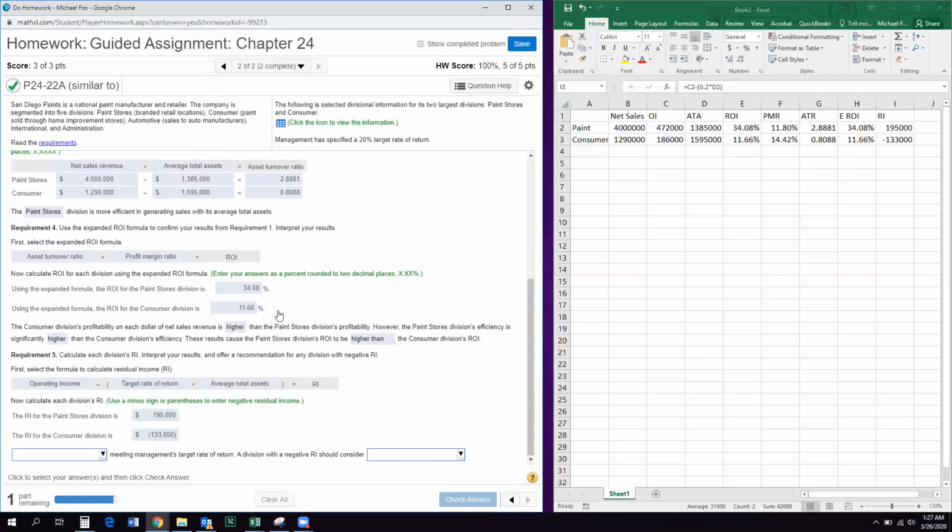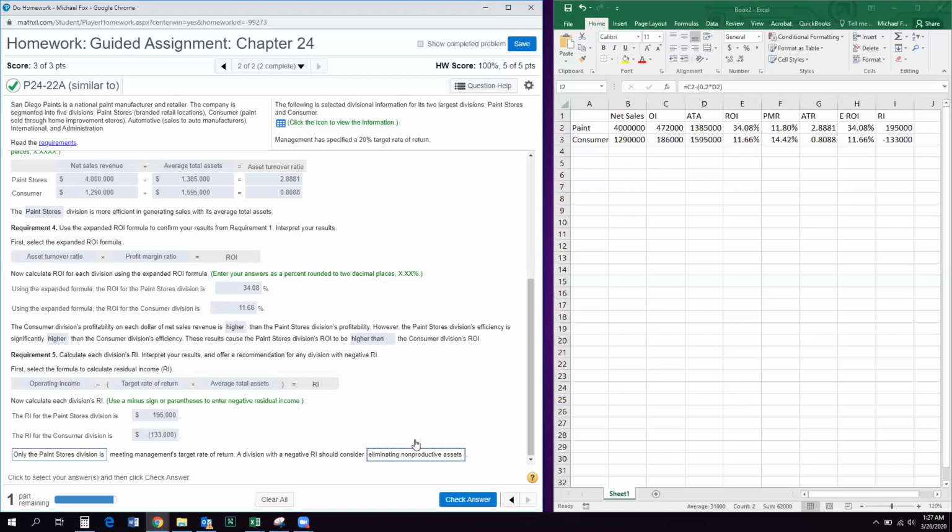Right? Because if you were exactly meeting your target rate of return, then your residual income would be 0. So only the paint store division is meeting management's target rate of return. And the division with a negative RI should consider eliminating its non-productive assets.